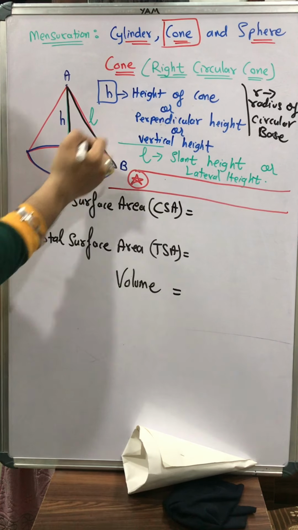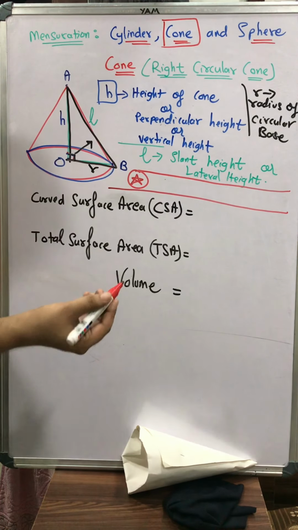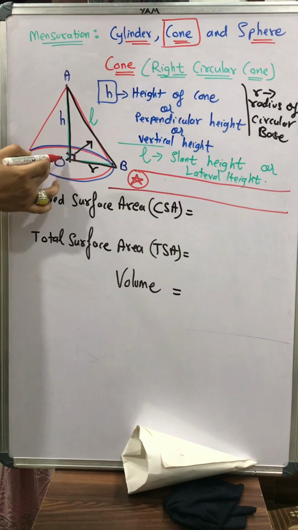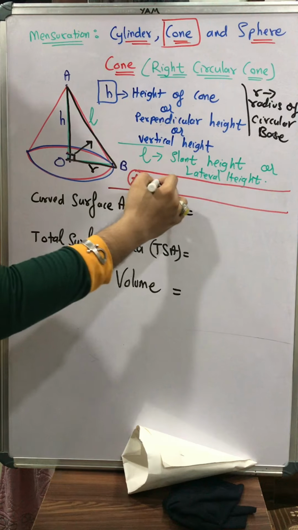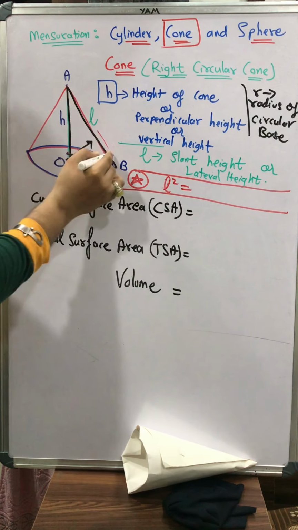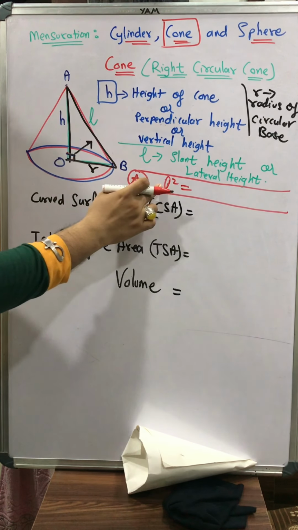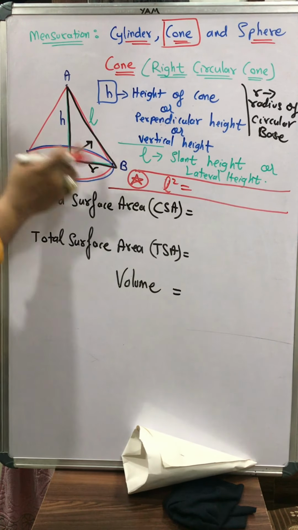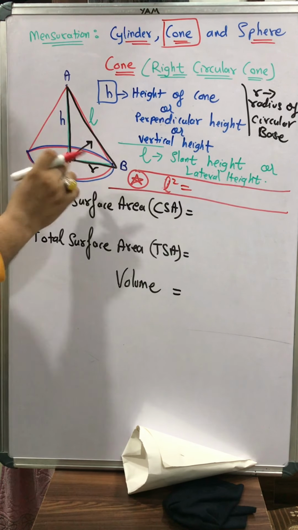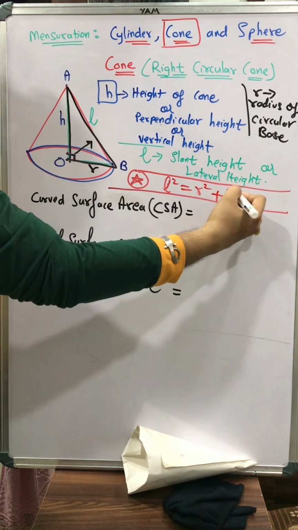The side opposite to 90 degrees is called the hypotenuse. Pythagoras theorem says that hypotenuse squared is equal to one side squared plus the other side squared. So this is l squared, the slant height or lateral height, l squared is equal to one side squared plus the other side squared. OB is one side and OA is the other side. So r squared plus h squared.